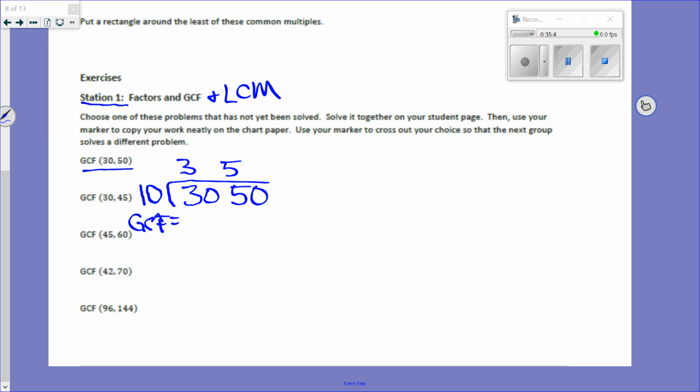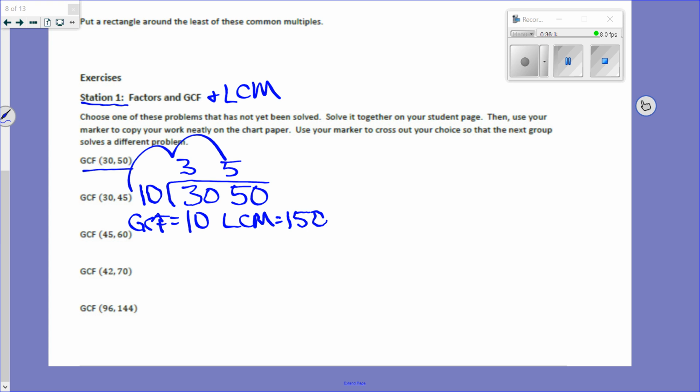In this case, it's only one number, right? What is it? 10. For LCM, I'm multiplying everything on the outside. That's our big M. So again, because we have the commutative property of multiplication, I can do it in any order I want. I'm going to make it easy and do 5 times 3, times 10 is 150. So literally in just that small amount of time, guys, we just did both the GCF and the LCM.